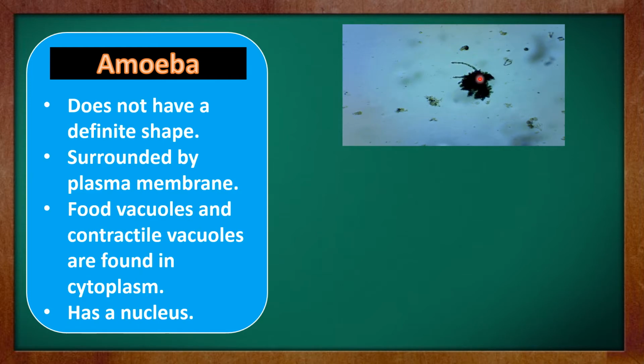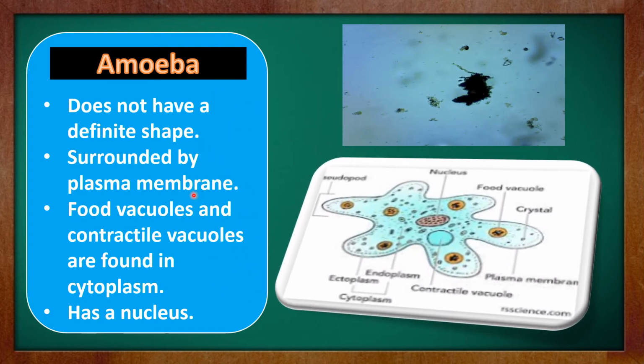What do you think is the reason why amoeba has no definite shape at all? It is surrounded by a plasma membrane or cell membrane. So this is the plasma membrane or the cell membrane.